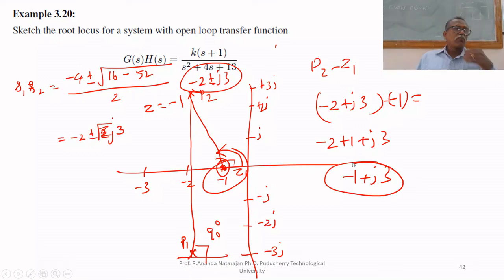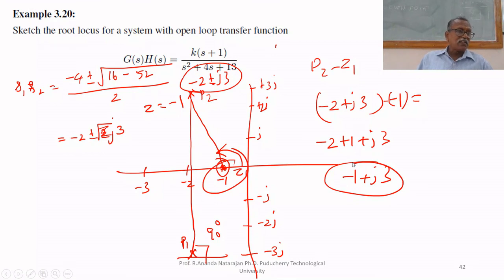So call the function polar to rectangle. Call P, enter minus 1 comma 3, press equal to. Polar to rectangle function. Magnitude 3.16.